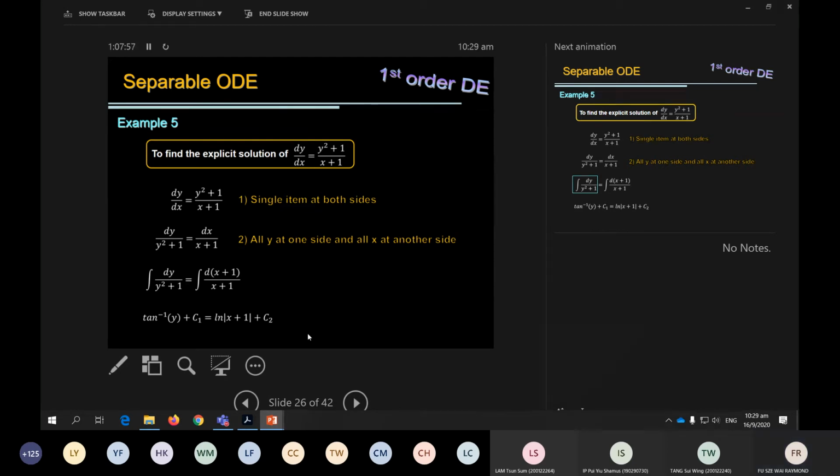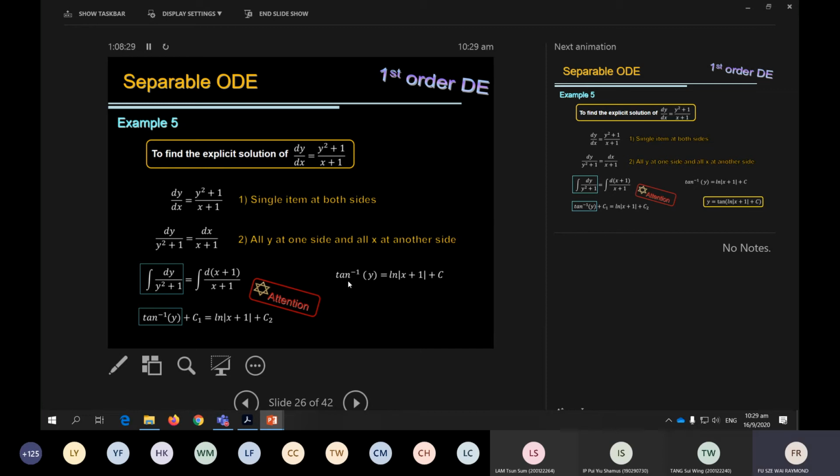Okay. Now the integration of this again is the reciprocal of x plus 1, so natural log of x plus 1. And then this is the equation. It is understood in your formula sheet. So after that, you can then write down the arctangent. This format is called the arctangent.